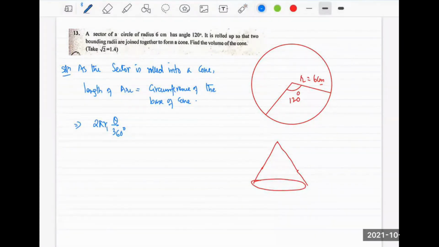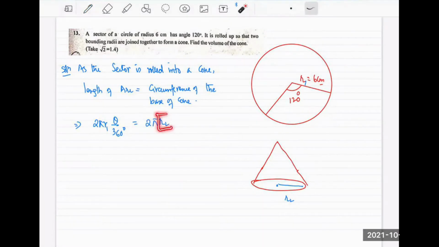What about the circumference of the base of the cone? The base of the cone, since it's a circular shape, must also have a radius. Let the radius be R2. So the circumference of the base of the cone will be twice pi R2.